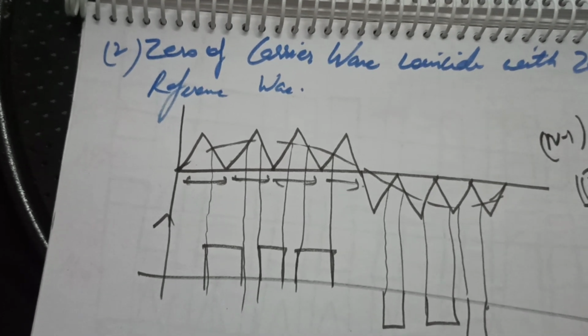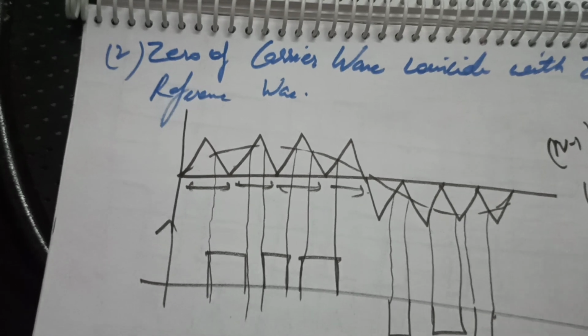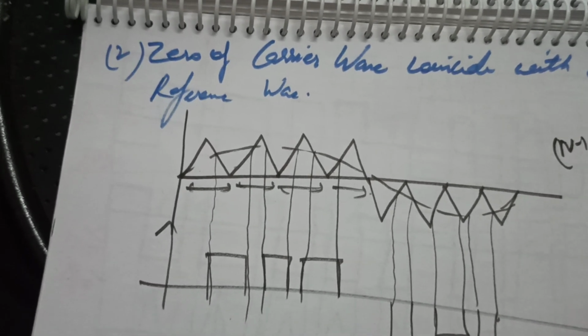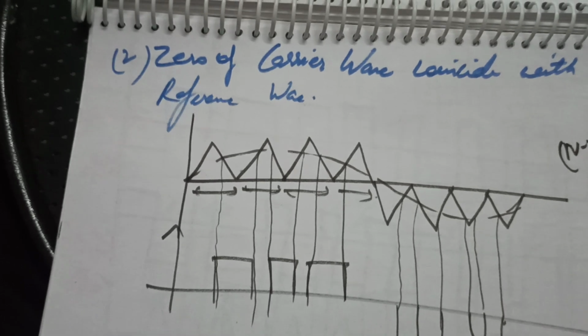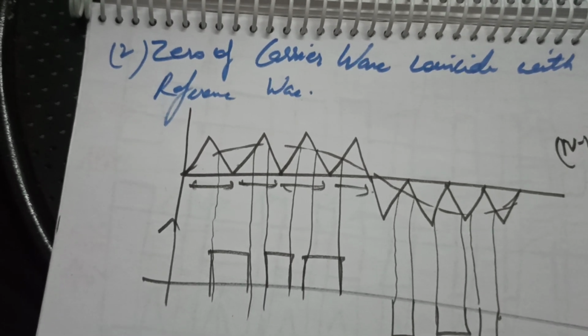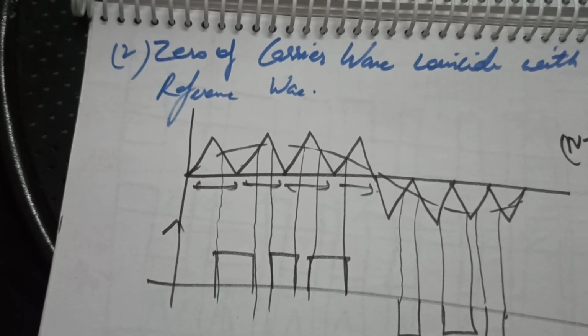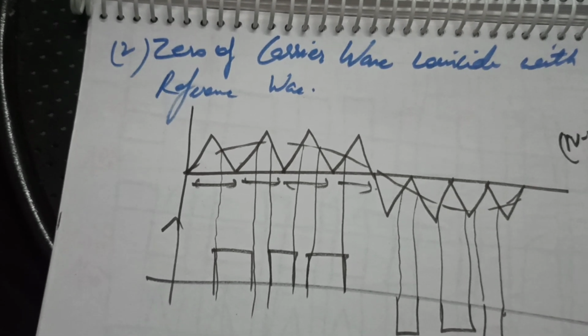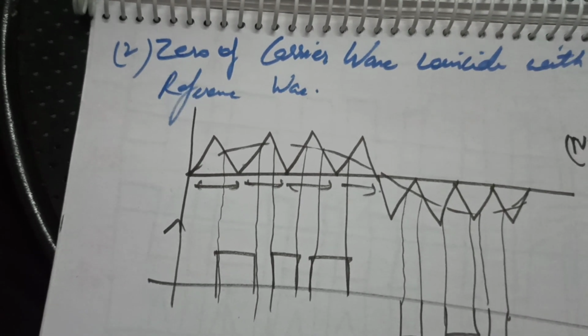So Tr by 2 is nothing but n Tc plus 1 more Tc. 1 more Tc should be equal to Tr by 2. Is it clear?